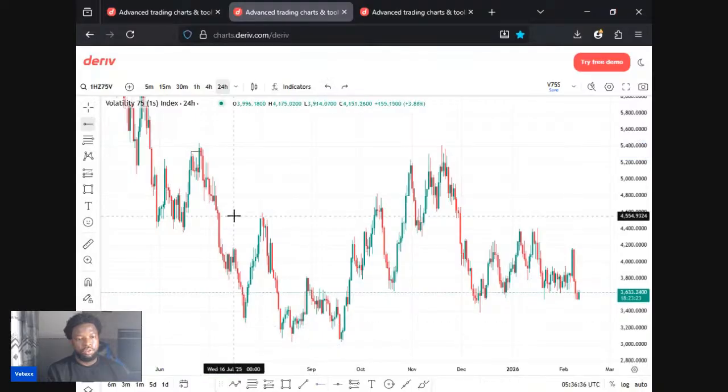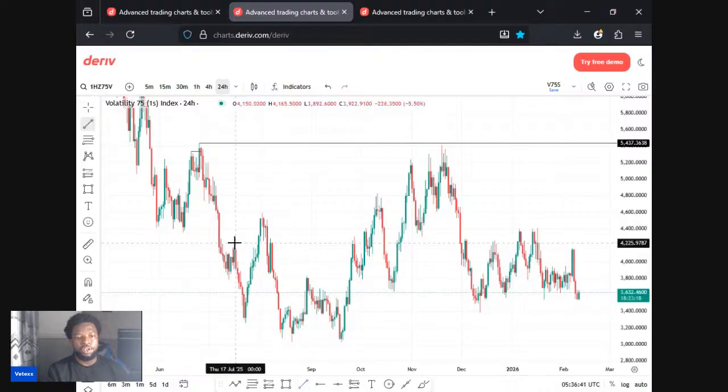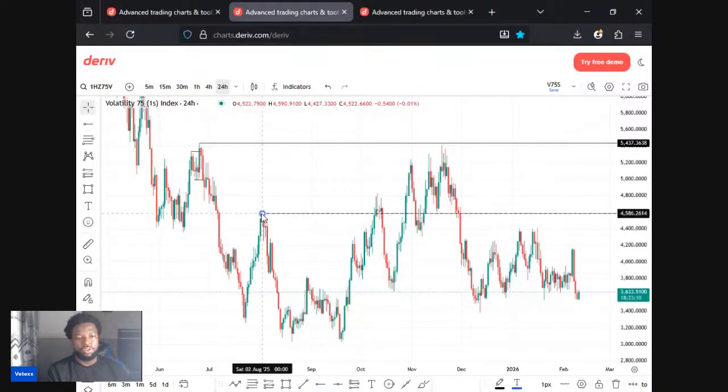We have what? A protected high here. Remember, there must be two liquidity and there must be two breaks of structure. And this is the first break of structure we have here. This becomes what? Structural liquidity. And what do we have next? We have our second break of structure.